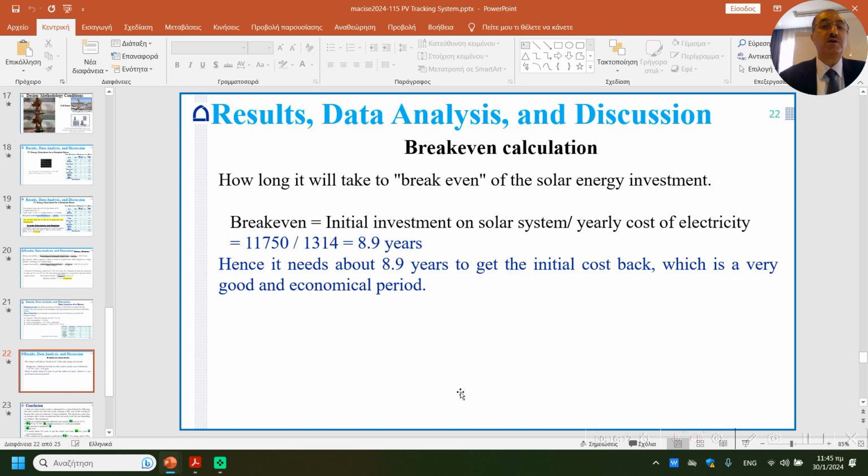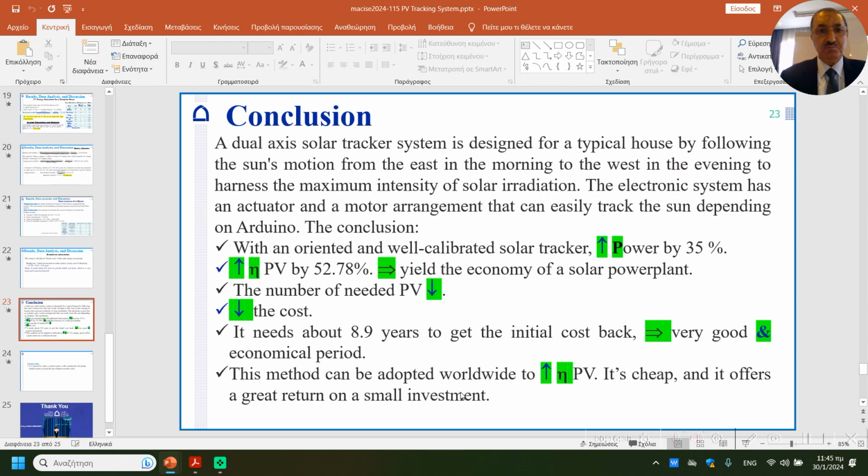Then we found out that within 8 or 9 years, we will get our money back, which is a good result for us, which means after 8 or 9 years, we will not pay a single dollar for our system. It will be free forever.